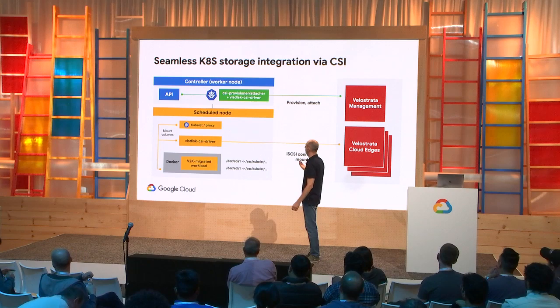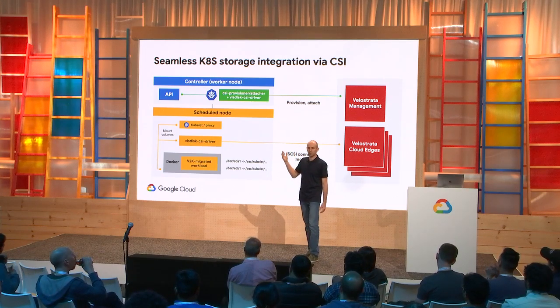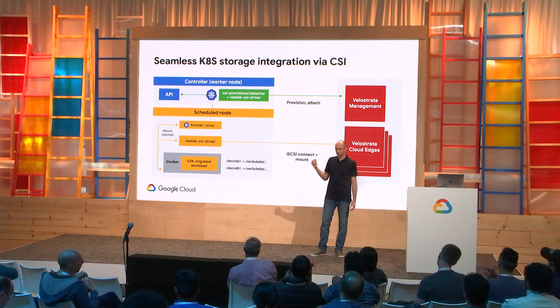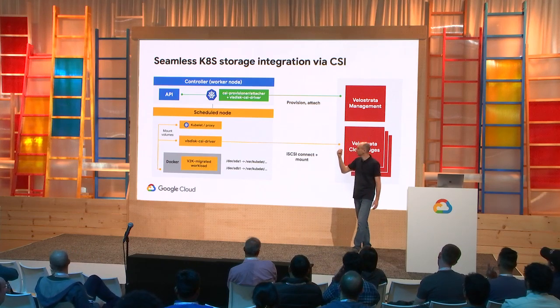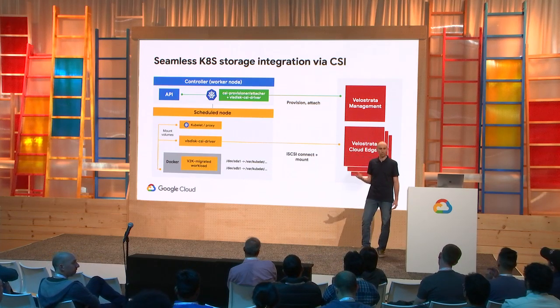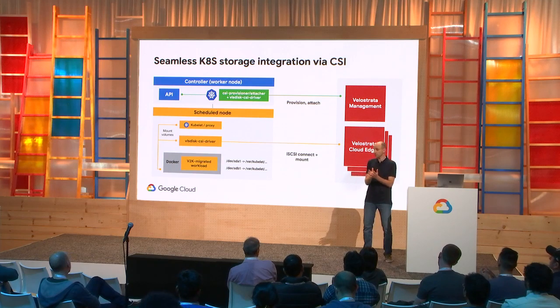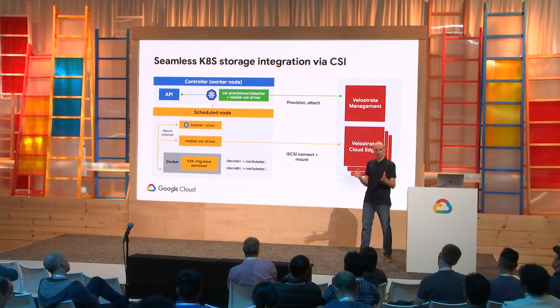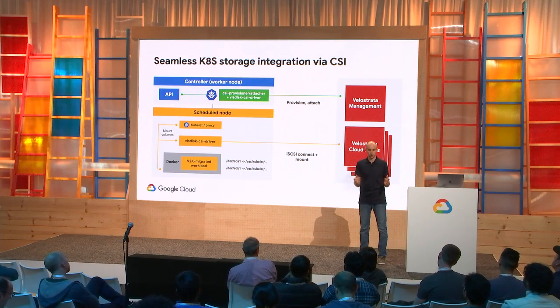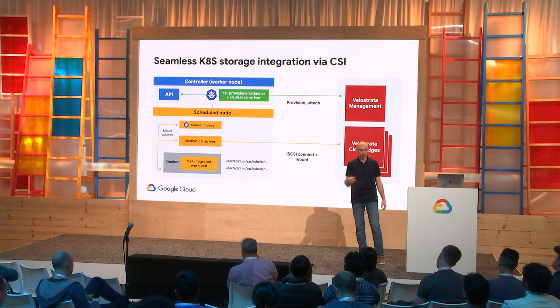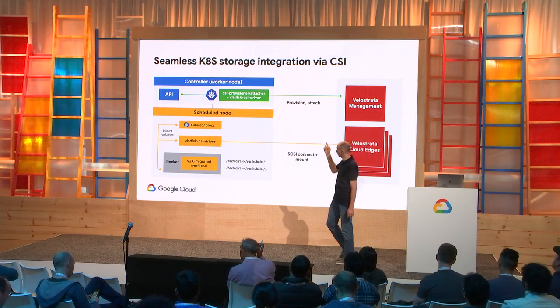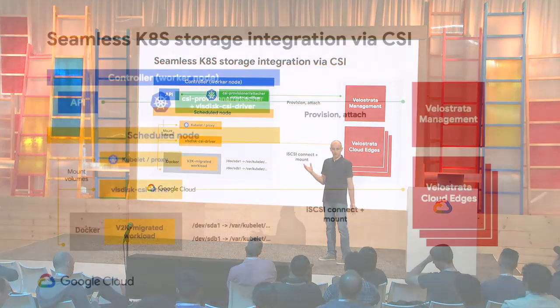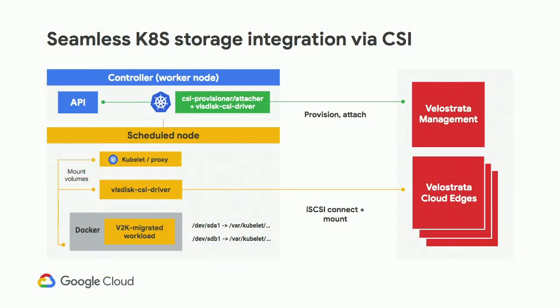So what will happen? When you deploy this YAML that Lucien showed you, you actually trigger activity from Kubernetes, which says, okay, I need to schedule this pod on this node, and I need to make sure that this node has access to storage. You asked for storage of this type, so I need to provision it. At this point, Kubernetes goes to the storage driver and says, look, I need to provision the storage.